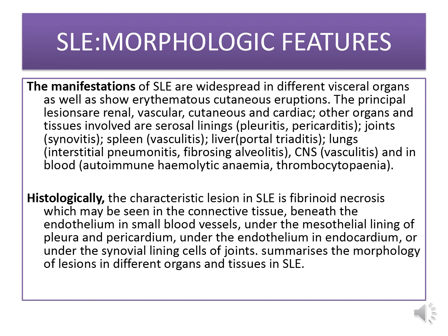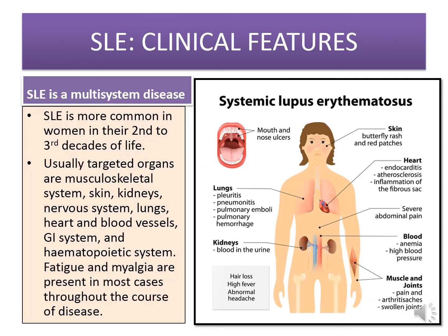Histologically, the characteristic lesion of SLE is fibrinoid necrosis, which may be seen in connective tissue, beneath endothelium on small vessels, under the mesothelial lining of pleura and pericardium, under the endothelium in the endocardium, or under the synovial lining cells of joints. So, different organs are involved in systemic lupus erythematosus, with various features as I have already described.